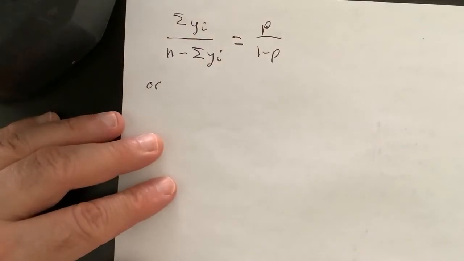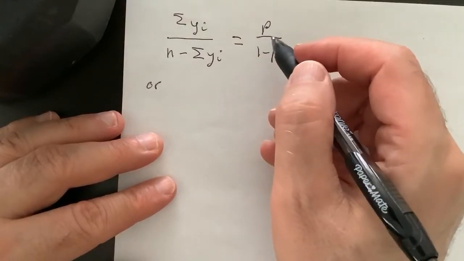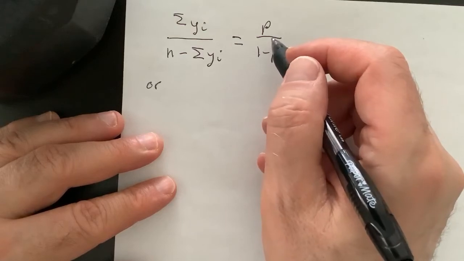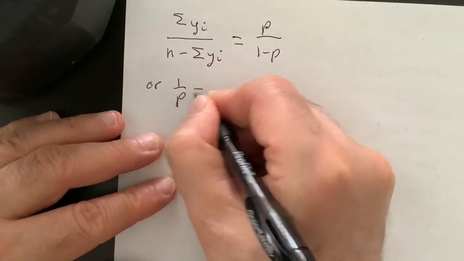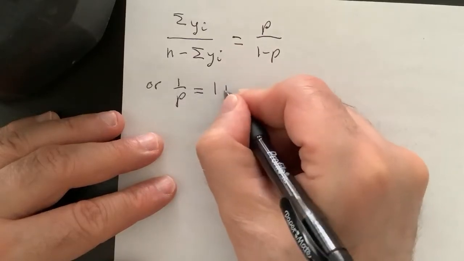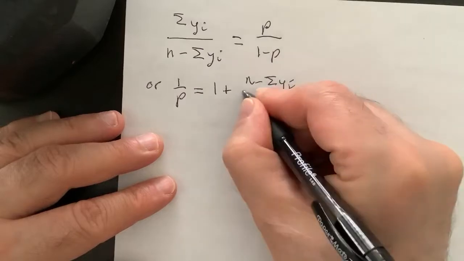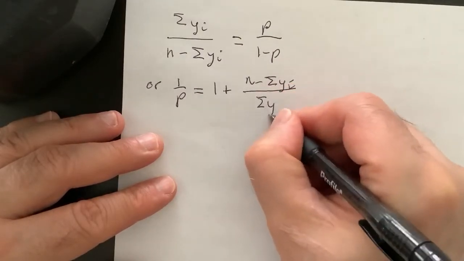Let's take reciprocals. If I take reciprocals, I get (1 minus P) all over P, so that's 1 over P minus 1. So I get 1 over P equals (1 plus n minus the sum yi) over the sum yi.